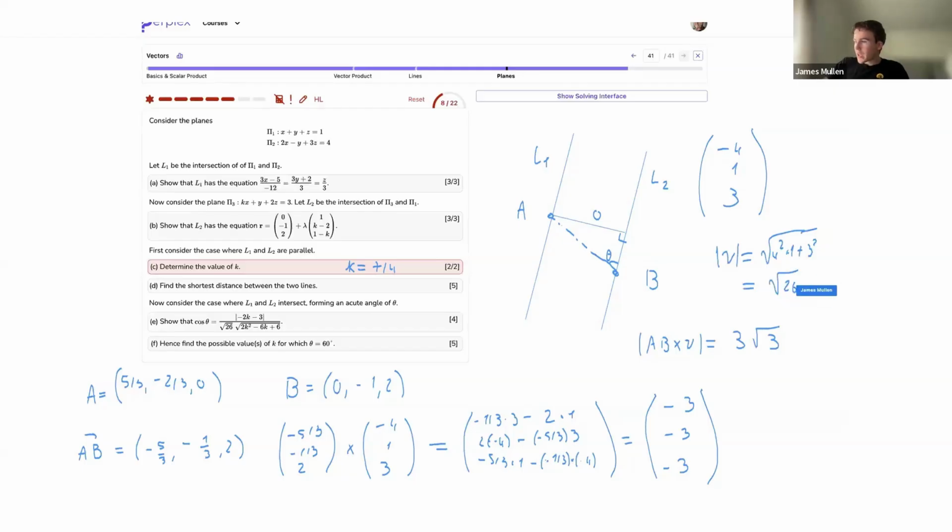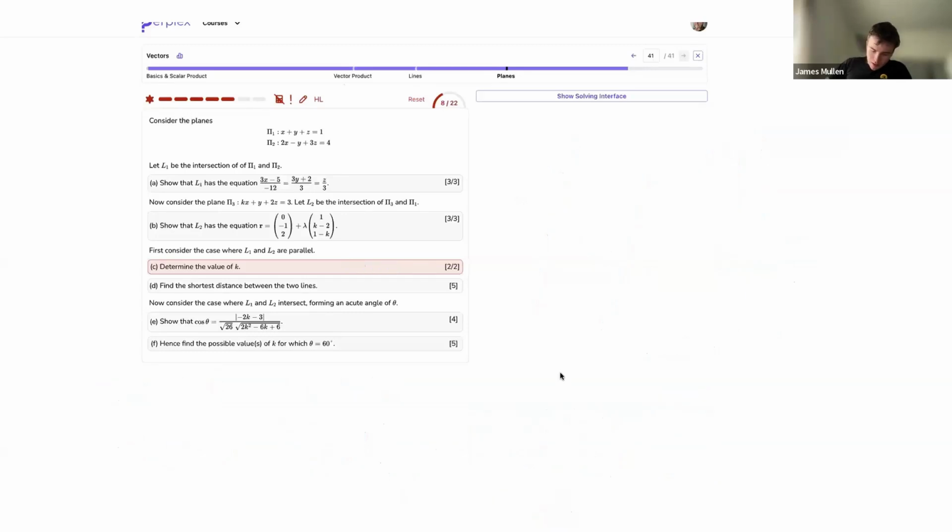All right, and so I can say, therefore, that the distance is AB cross V over the magnitude of V, and that is going to give me 3 root 3 over root of 26. That's my answer.